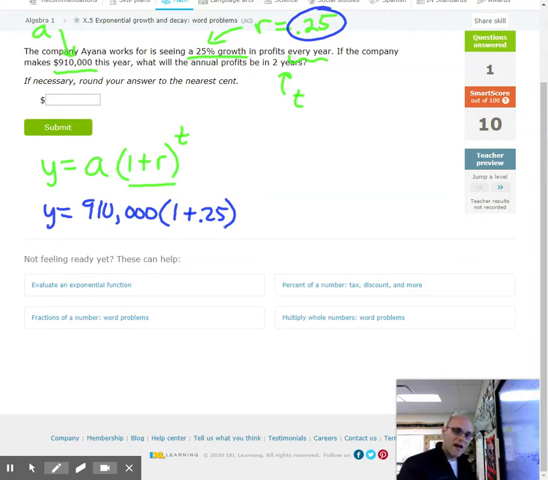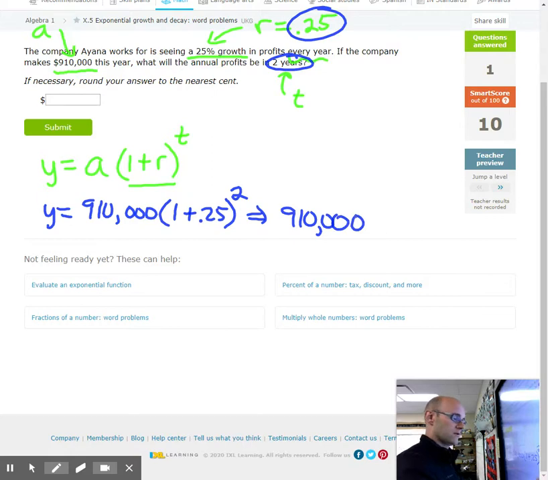The 0.25 adds another chunk onto it, and that's the amount it grows. How many times we multiply it times 1.25? Well, our t value is 2, so we just plug in 2. All right. Hey, for your final equation you're typing in, on a calculator, you'd say 910,000 times 1.25 to the second power, and that should give you your answer. Let's type that in.